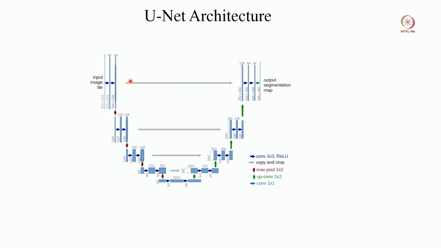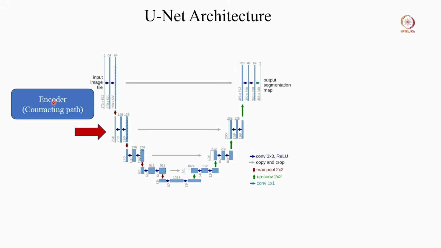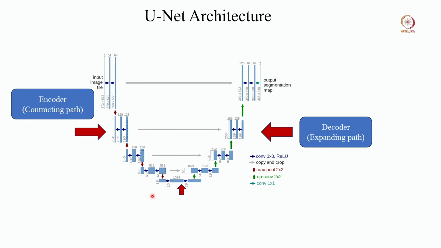So the U-Net architecture looks like this, as I have told, and there are two parts. This part is called the encoder or the contracting path, which is coming down. This part, which is the going up part, is called the decoder or expanding path, and the below part is called the bottleneck.